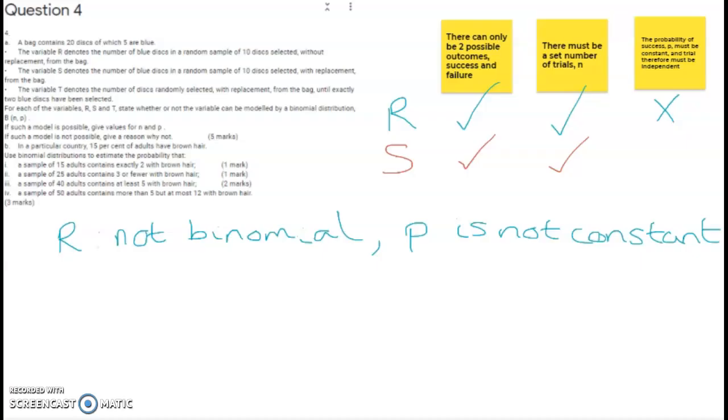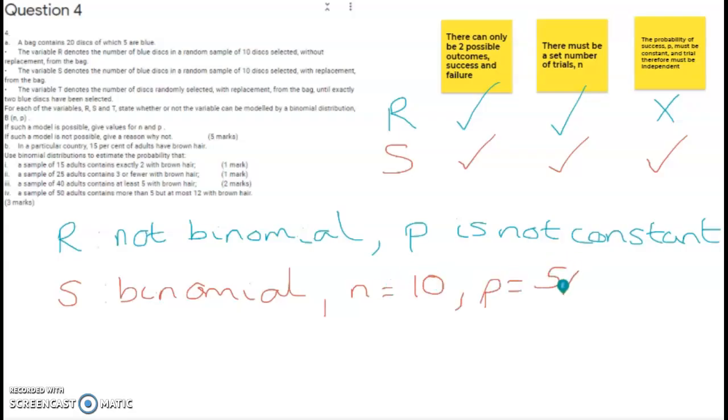So every single time there are 5 blues in there out of 20. That probability of success never changes. So S is binomial with my criteria n is 10 and p is 5 out of 20.